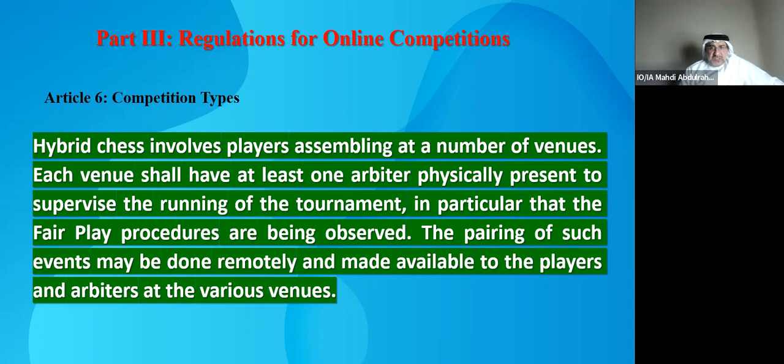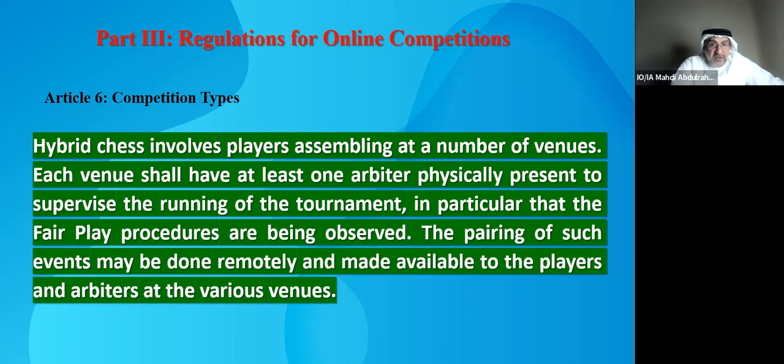Once a player finishes the game, he has to leave the tournament hall. The pairing of such a chess event may be done remotely and made available to the players and arbiters at the various venues. There must also be a panorama camera. So we have the camera and Zoom from the computer, and a panorama camera inside the tournament hall, supervised by the arbiter and the chief arbiter on Zoom.